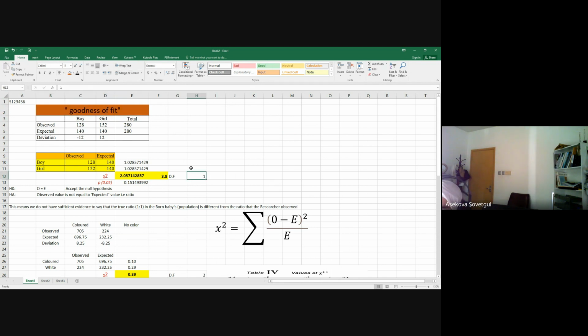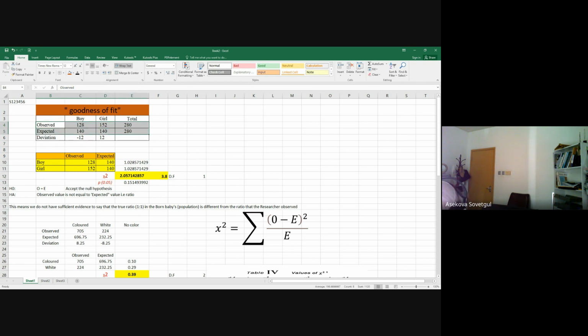Now, I want to also teach you how to do the test of independence. Okay, the test of independence is also very interesting, and you don't need to stress if you don't have, for example, observed values. You also need to pay attention to the raw data you have.